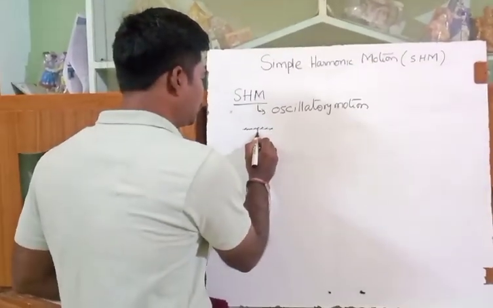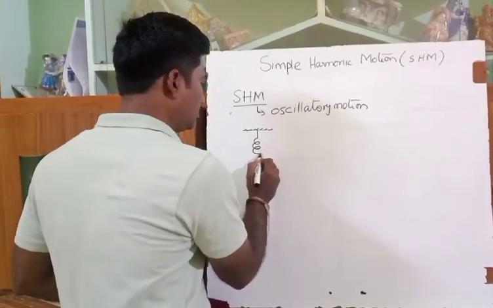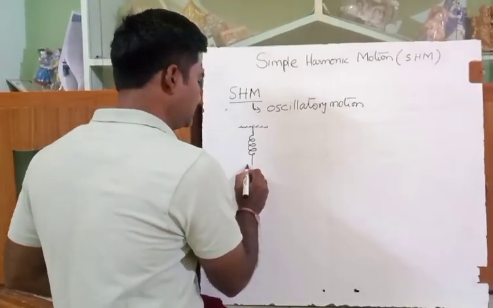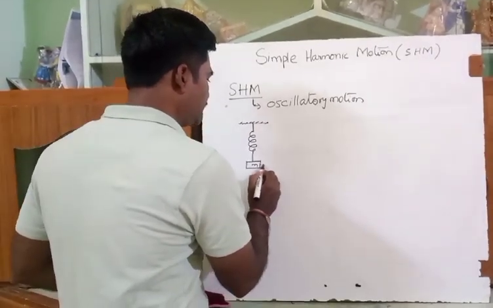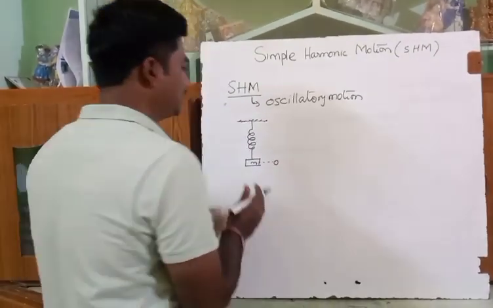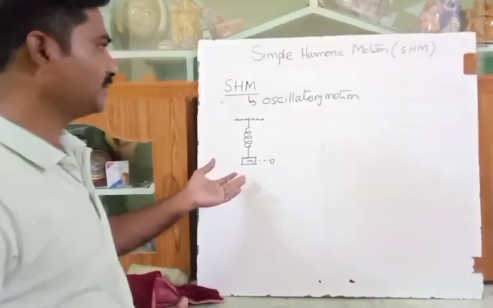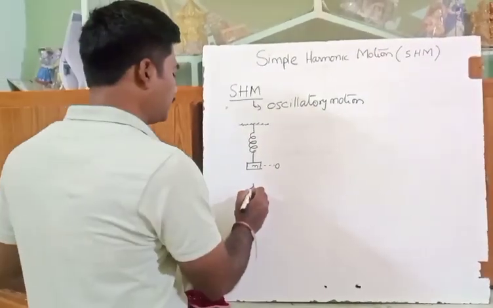Here, see this. Now take a spring which is attached to a mass M. It is at a mean position, that is, it is at rest position, no force acting on this one. This is the case one.